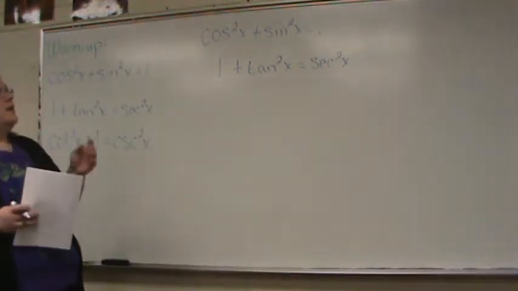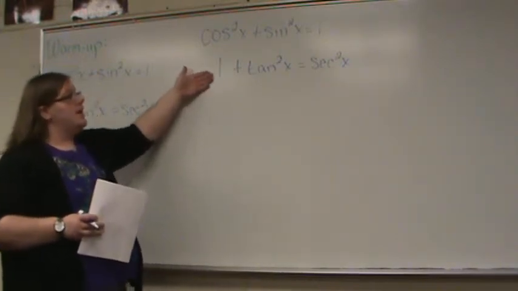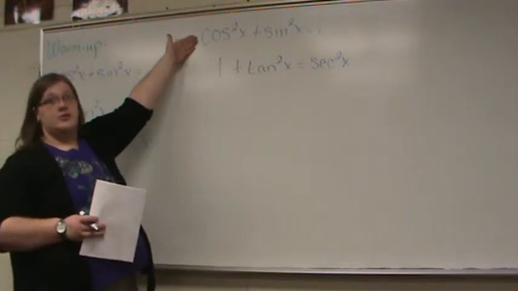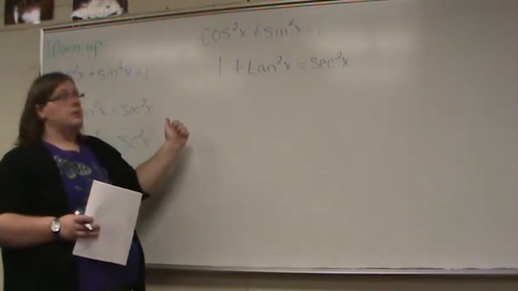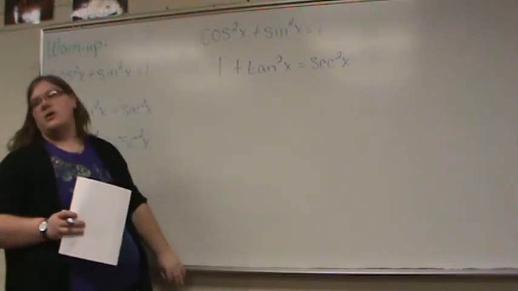So now we're developing the second equation from the first one. Wait, did we ever solve the first one? Yeah, we proved that it was cosine. We were just showing how you got the cosine squared x.